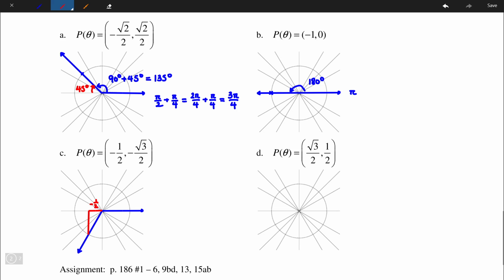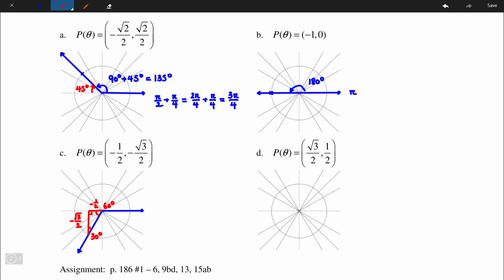This must be our negative root 3 over 2. Sorry, that's not the best root 3. Just going to write a little bit bigger. There we go. So that means that this angle is the 60 degrees, and this angle here is the 30 degree angle. It's a right triangle, of course.